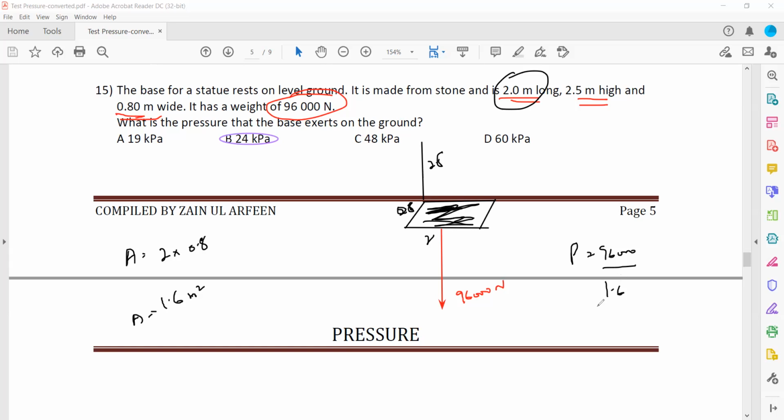Pressure is force divided by area. So 96,000 divided by 1.6 comes out to 60,000 Pascal, or you can also say 60 kilopascal. So D will be the right answer. Is it clear? Yes, Abdullah Sarfraz. Is it clear?